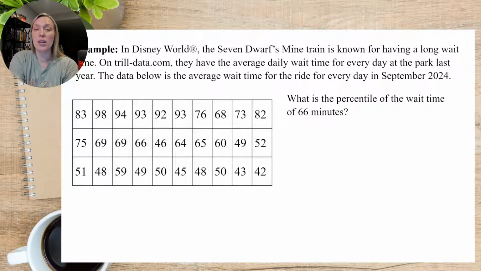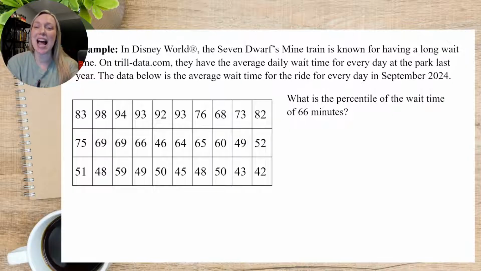So for example, at Disney World, one of the rides is known for having an incredibly long wait time. The data on this website has the average daily wait time every day for this ride in the last year.